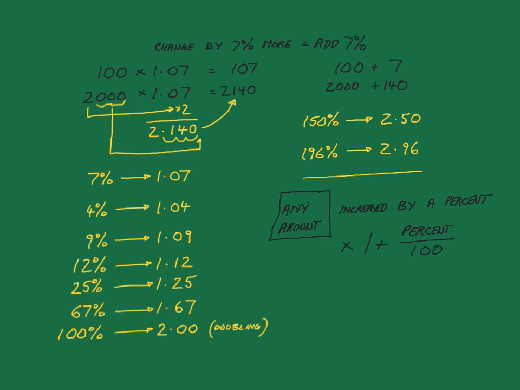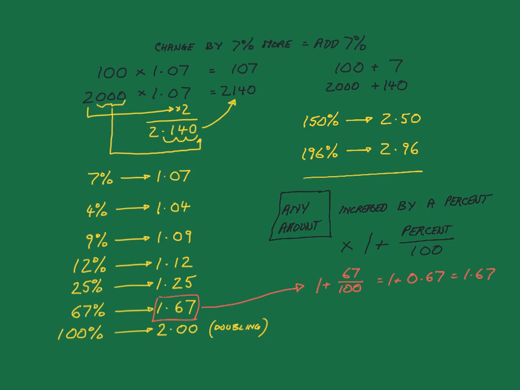However big the percent may be. So if we look back over here, let's look at 67. The factor will be 1 plus 67 over 100. But 67 over 100 is 0.67, so that will be 1.67, which is the same number that we had before.